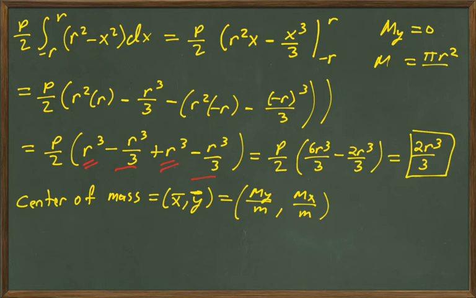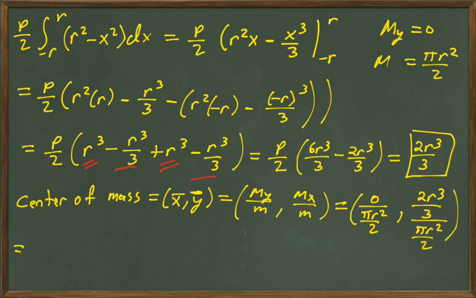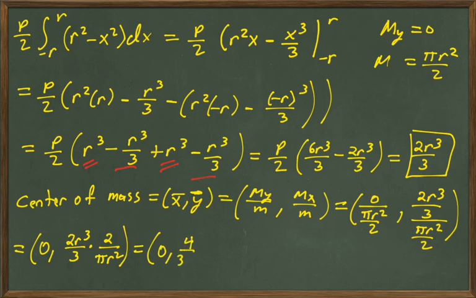The mass there was pi r squared over 2. So it's going to be 0 over pi r squared over 2, comma 2r cubed over 3 divided by pi r squared over 2. So that's going to be 0, comma 2r cubed over 3 times 2 over pi r squared. It's going to be 0, and that's going to be 4 over 3 pi times r.